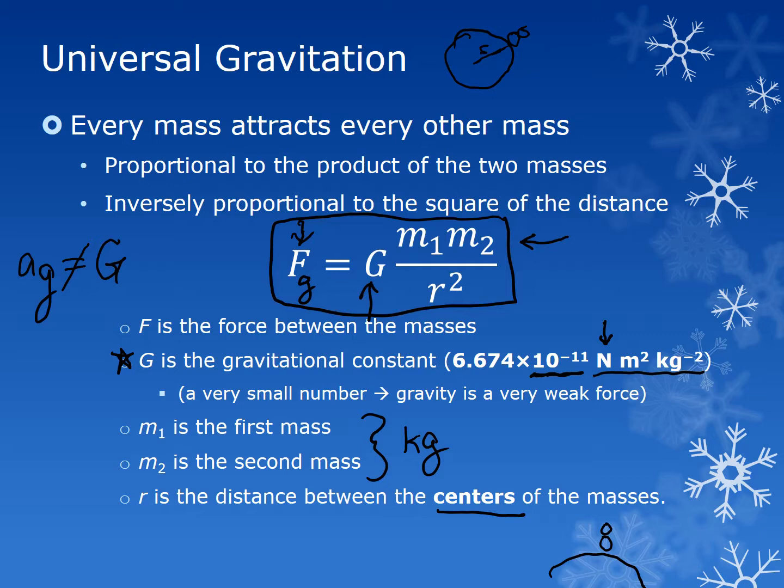And you should be able to calculate the force of gravity. If you do this calculation, the force of gravity should be the same as the mass times the acceleration caused by gravity.